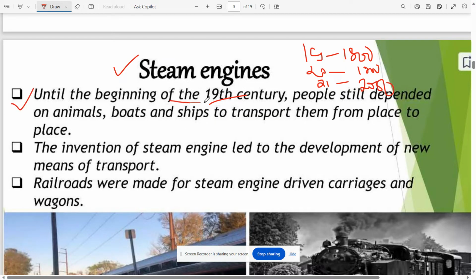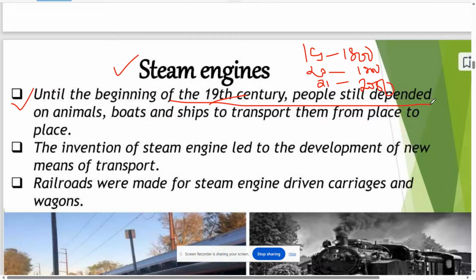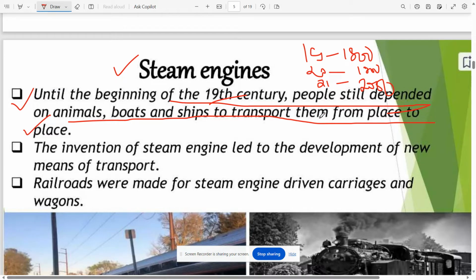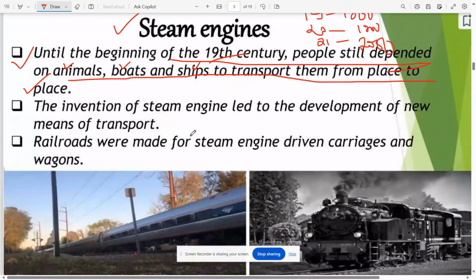Until the beginning of the 19th century, people still depended on animals, boats, and ships to transport them from place to place. Animals were used first, then came boats for sea routes, and then to improve on boats, ships also came.